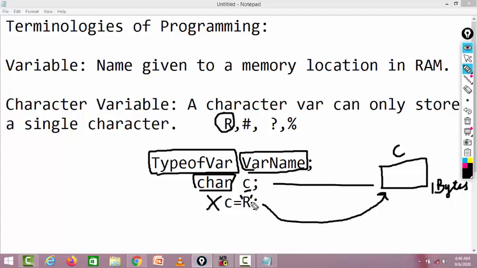This R must be enclosed in a single quotation mark. Now I have written this single quotation mark, so it will store R into this character variable C.